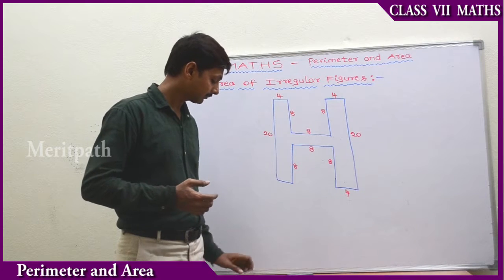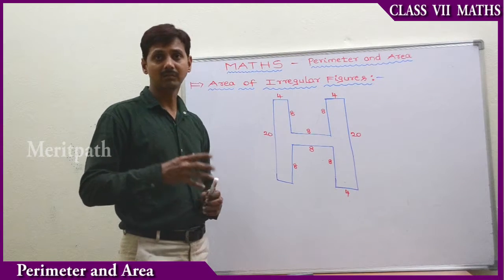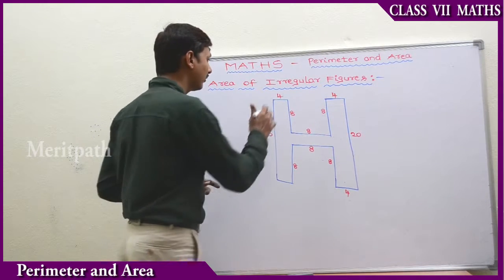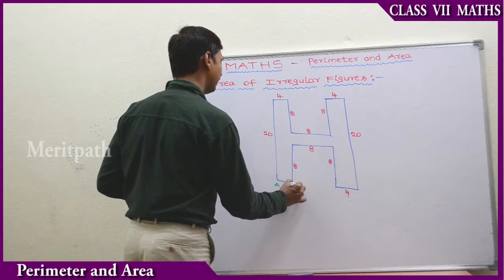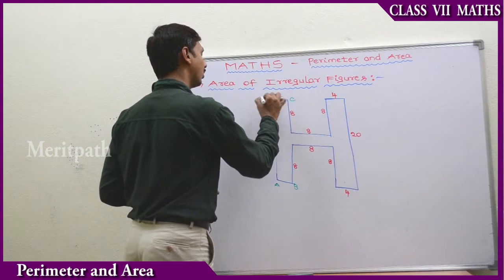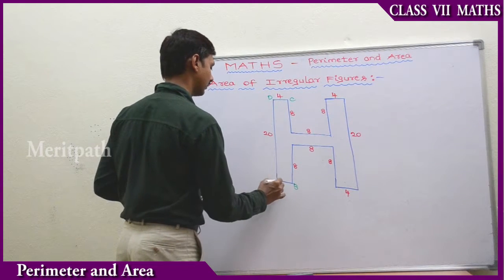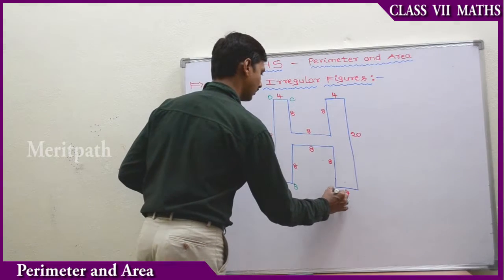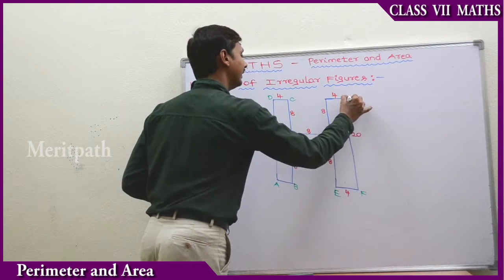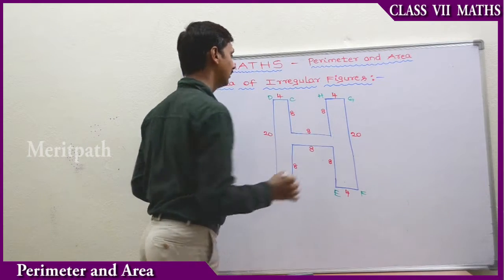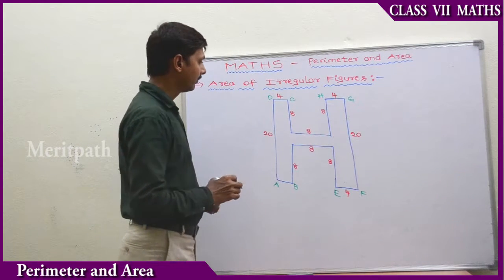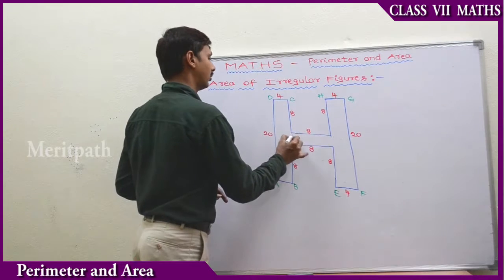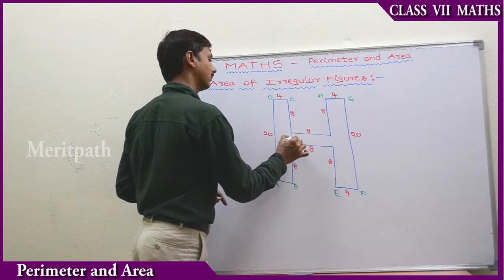Let's see. In this we have two rectangles present. Let's take ABCD as one of the rectangles, and EFGH as another rectangle. There is a gap between this side, so let's join them.